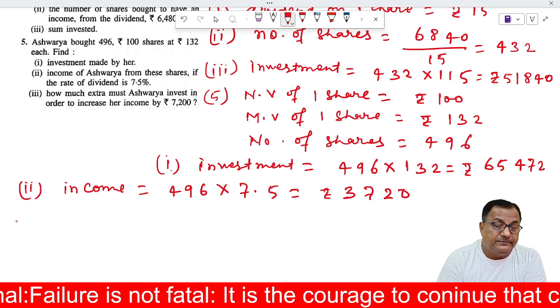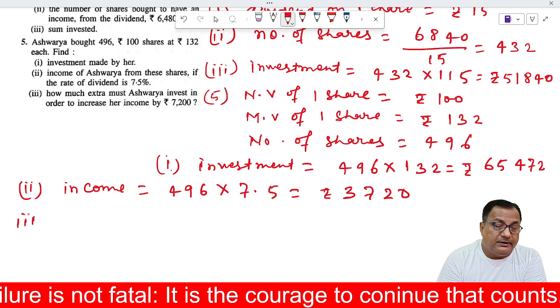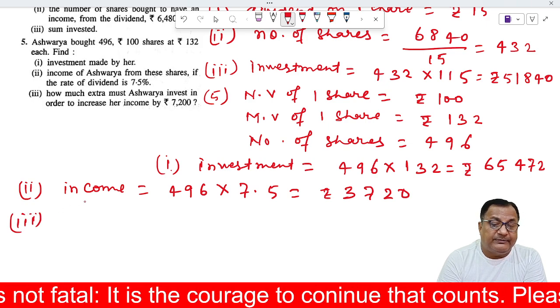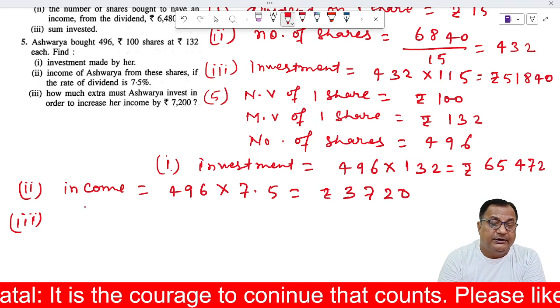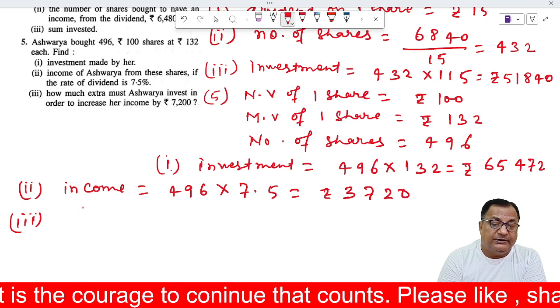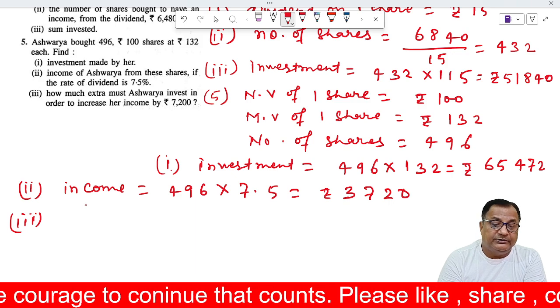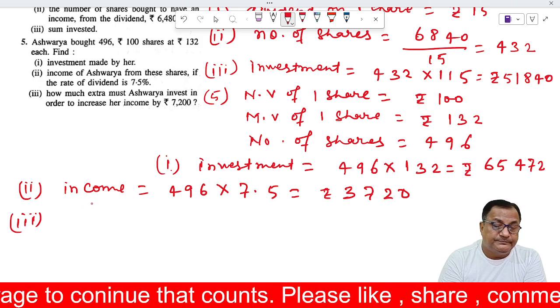Now see third. How much extra must Aishwarya invest in order to increase her income by 7200?